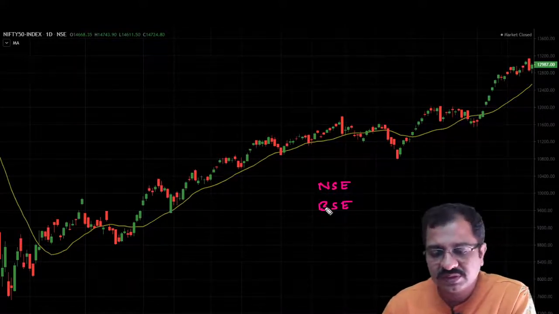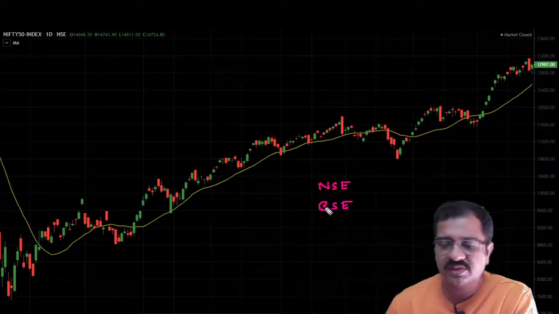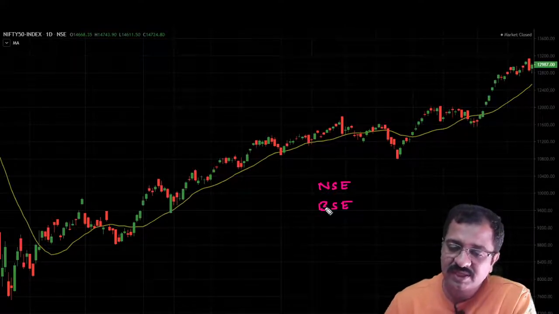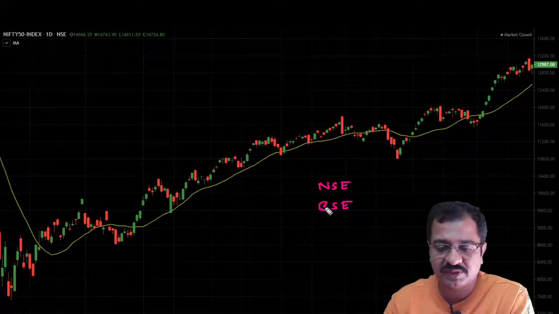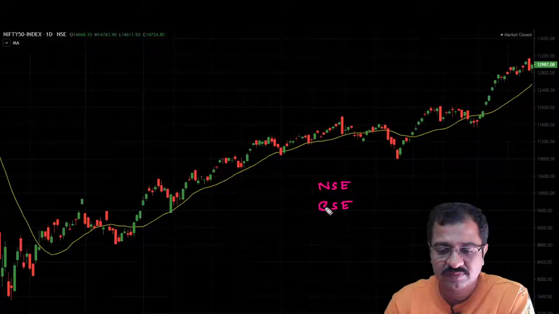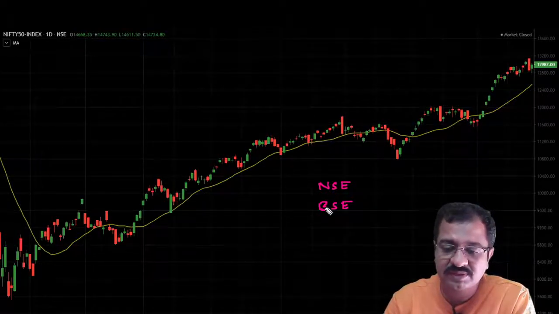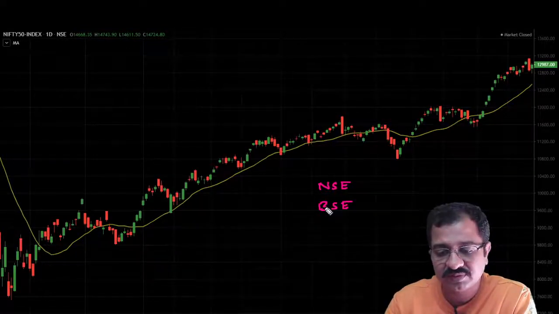So these are two exchanges, and many shares are listed on both. So sometimes there can be some difference in price, and when there is a difference in price, you can take advantage of this.